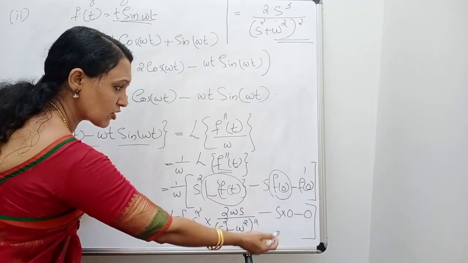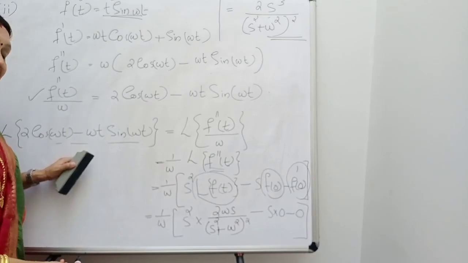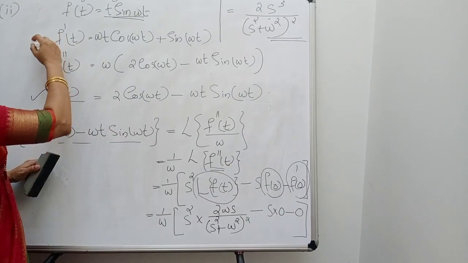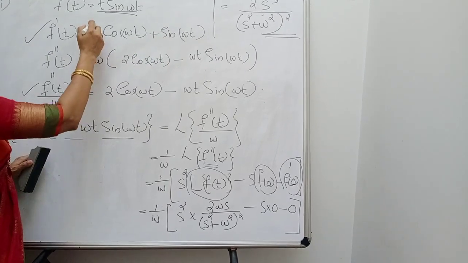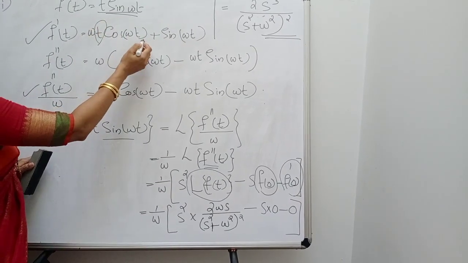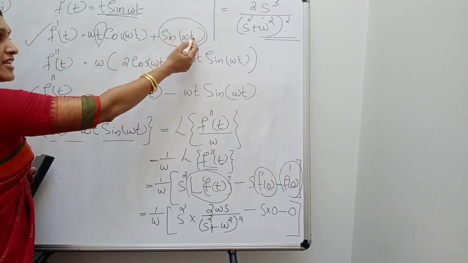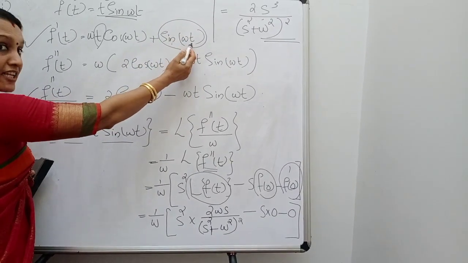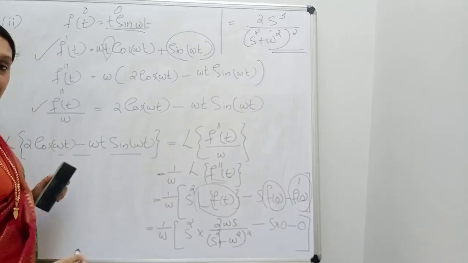So s into 0 minus f dash of 0. How will we get f dash of 0? In f dash of t, you put t is equal to 0. So here we have t, so 0 into this. Here sin omega t, again on substituting t is equal to 0, we'll get sin 0. Both the terms are zeros. So the last term is also 0.